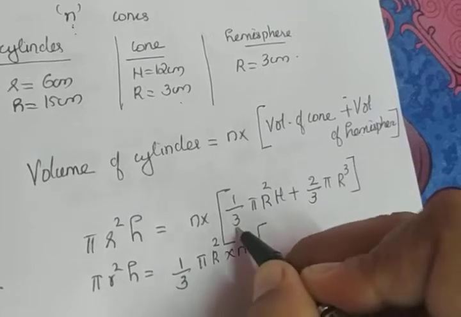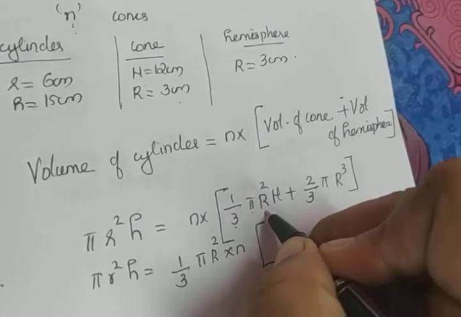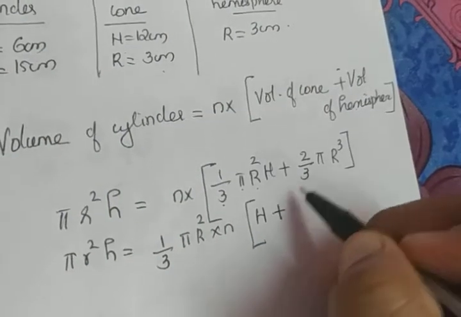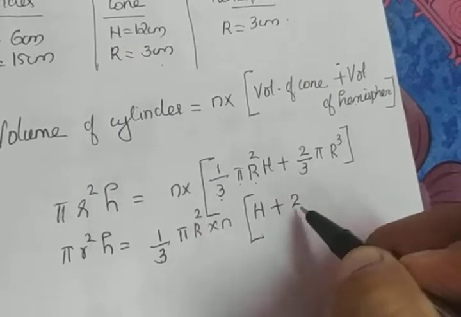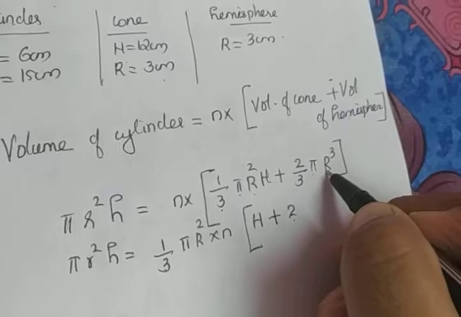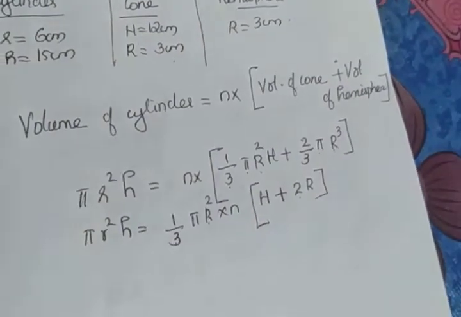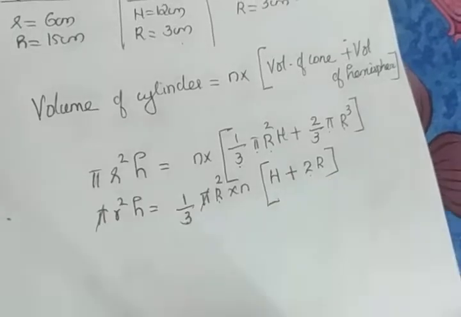What is the balance? 1 by 3 came out, pi came out, R square came out. So the balance term in the first one is H. And from here, 2 by 3, 1 by 3 came out, so 2 is there, pi came out, R cube. From R cube, R square came out, so there is an R. What will get cancelled? Pi will get cancelled.